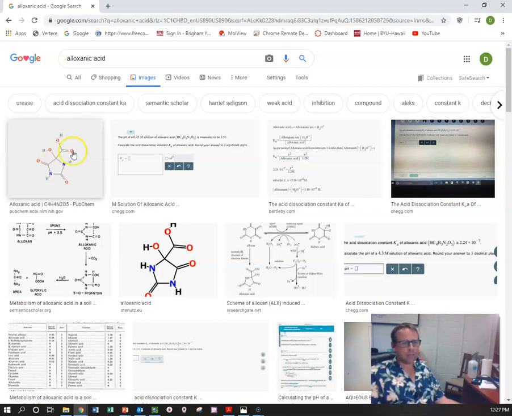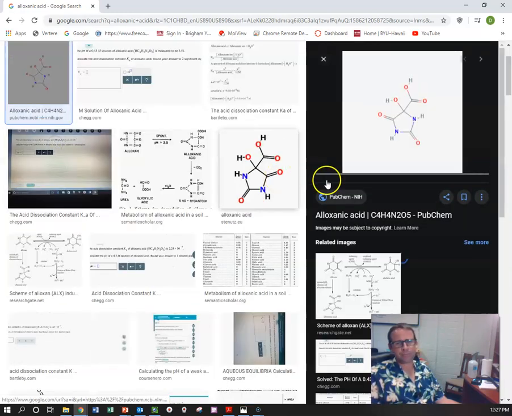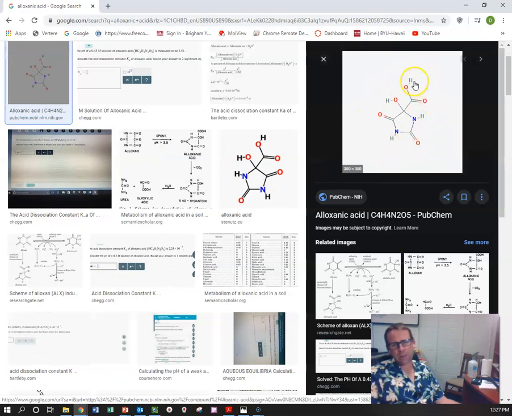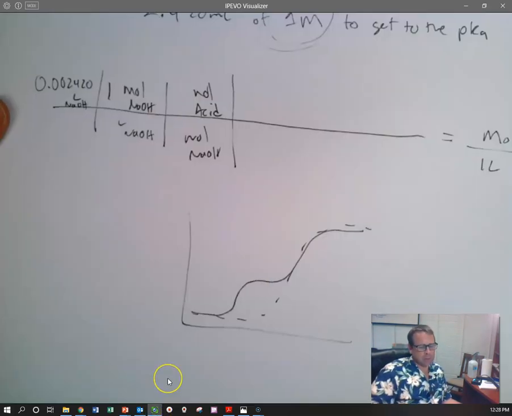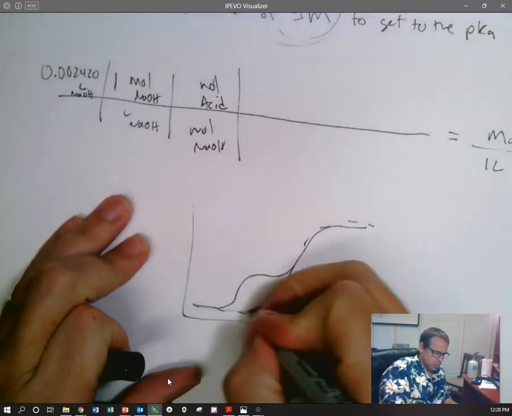So here it is. And all this is showing us is the hydrogen that's going to come off. We have a couple of ways of knowing it's a 1-to-1 ratio. The best one is just knowing that our acid titration looked like this.